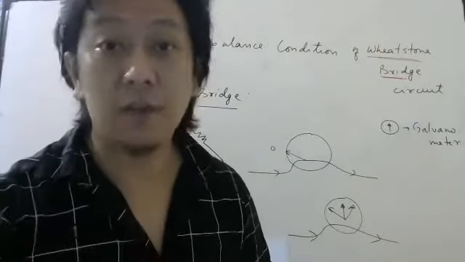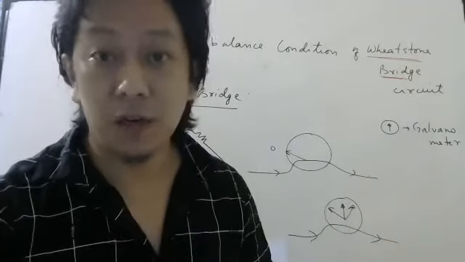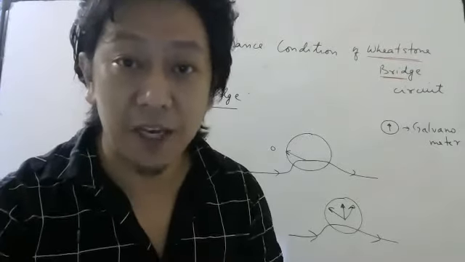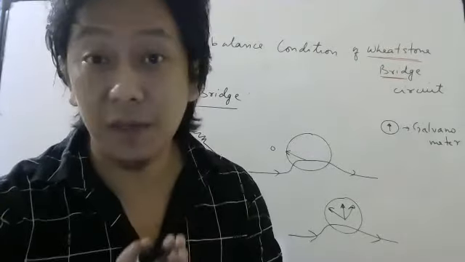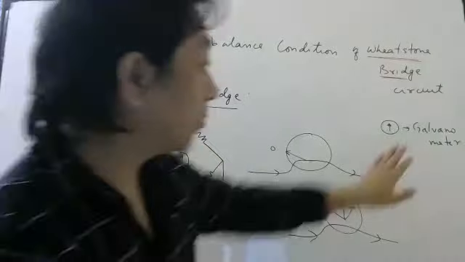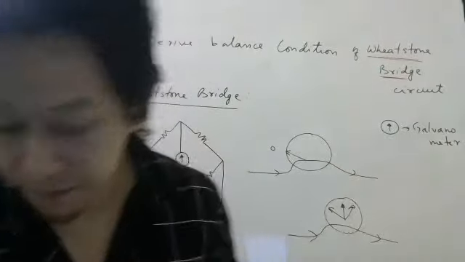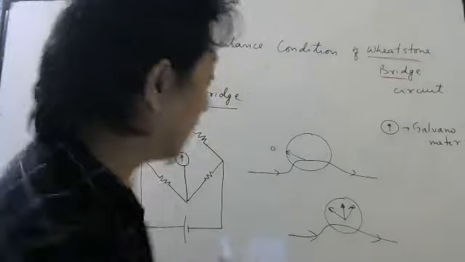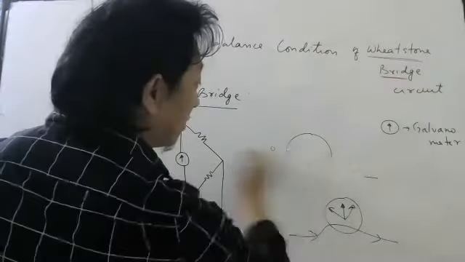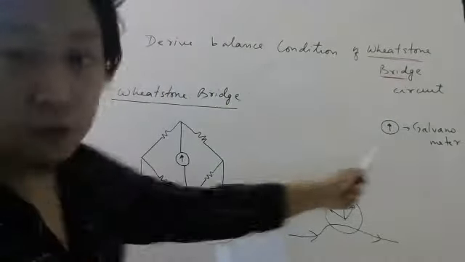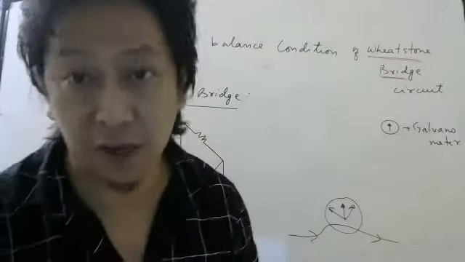What is the working of galvanometer? How does it work? Why does it show deflection like this? All that we will study in the chapter magnetism. In second PU, we have to study the construction and everything. But right now, just remember, we will just use galvanometer to detect the direction of current.